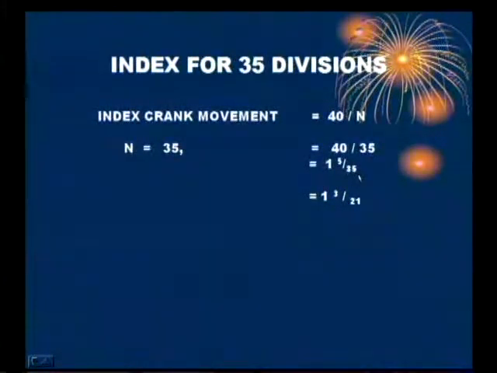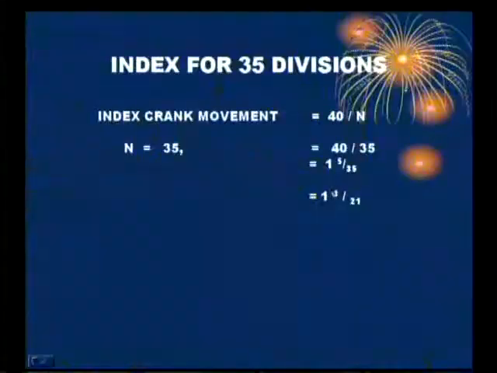But in the available index plates, a 35 hole circle is not available. So this is to be simplified to an equal fraction, so that the denominator will be a hole circle which is available with Brown and Sharpe or Cincinnati and Parkinson.